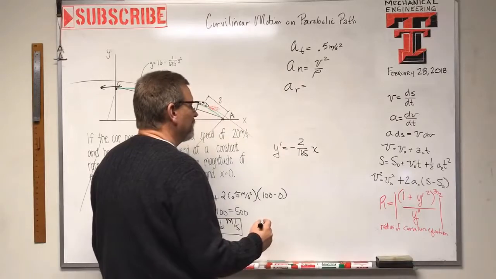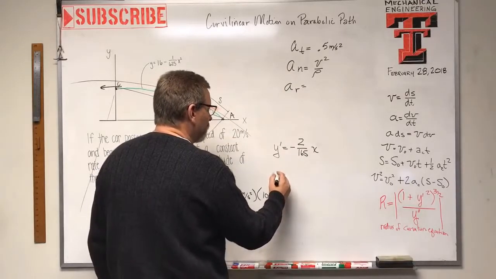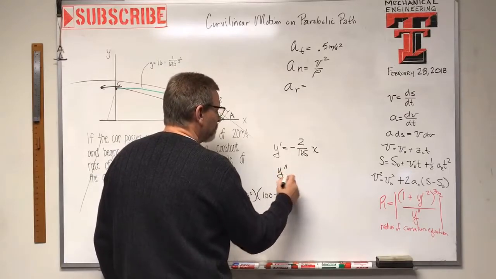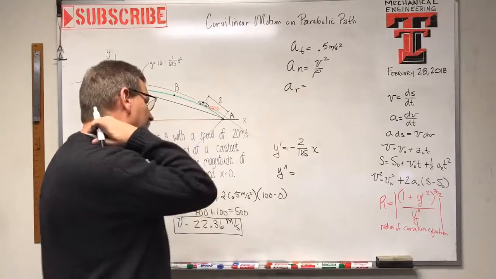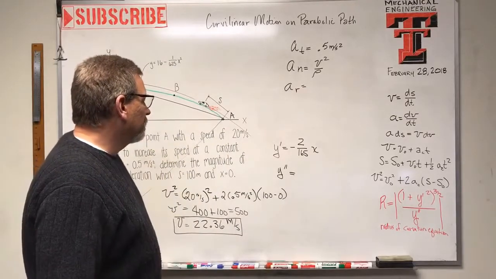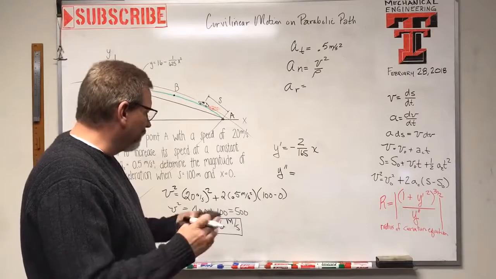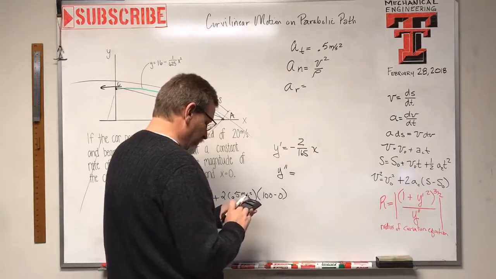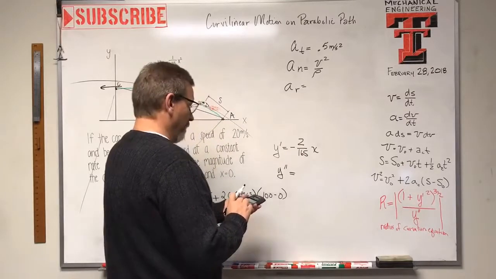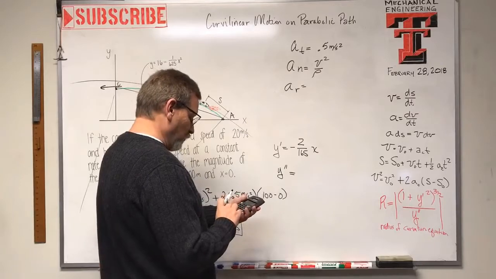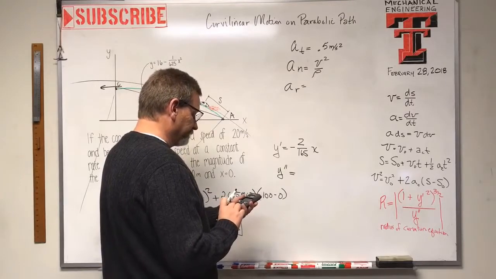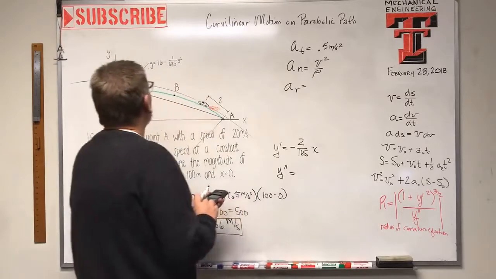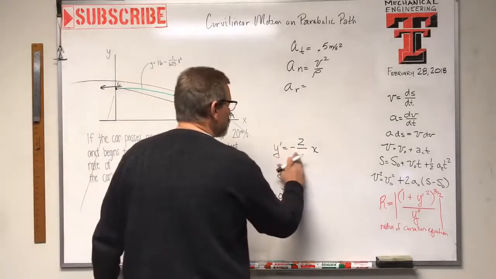Now let's go ahead and do the second derivative, y double prime. What is that going to be? Just this, right? 2 divided by 625, oh, it's not 165, it's 625.